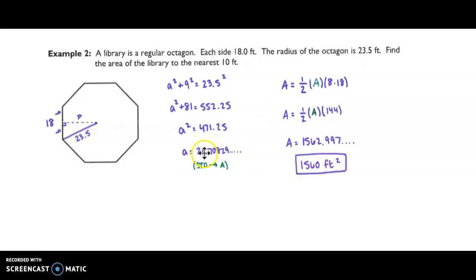Instead of rounding to 21.7, you use this and then multiply right away by 1/2 times 8 times 18. When you multiply right away in your calculator, it's going to show up as ans, the previous answer.